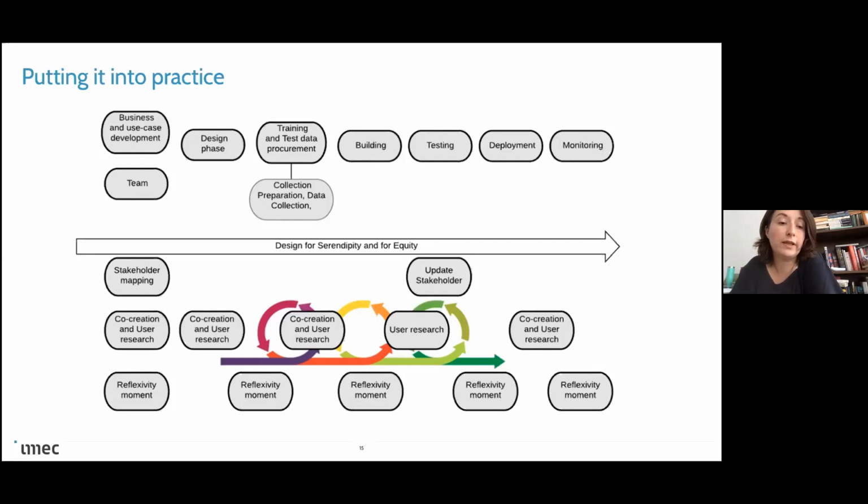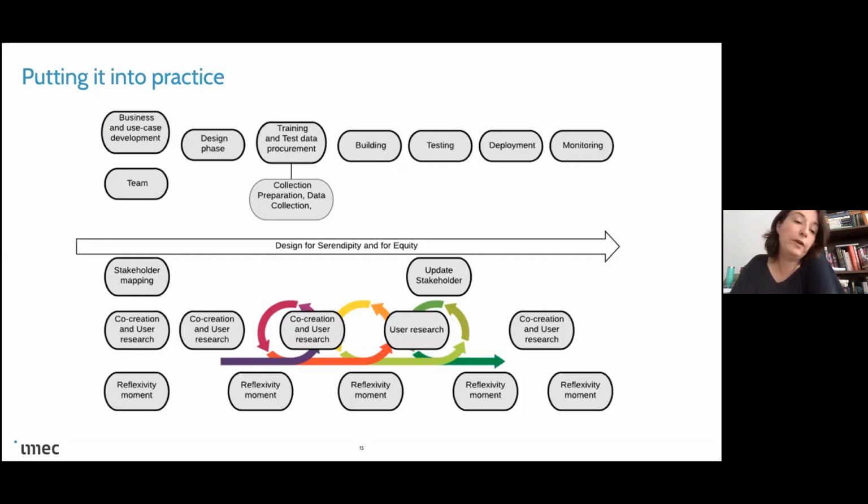So ensuring that co-creation and user research and all the other social science research is done in a lab, as close to reality lab experience.